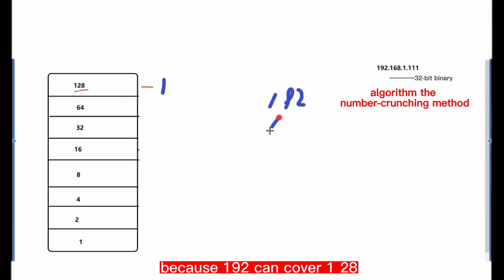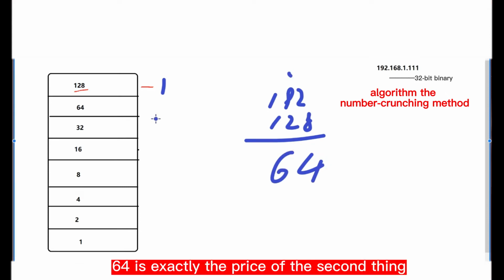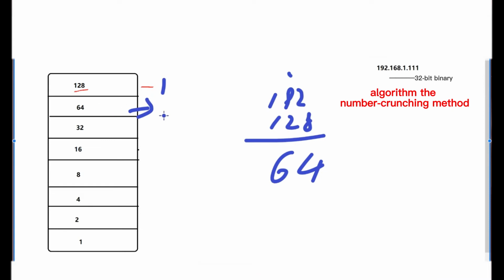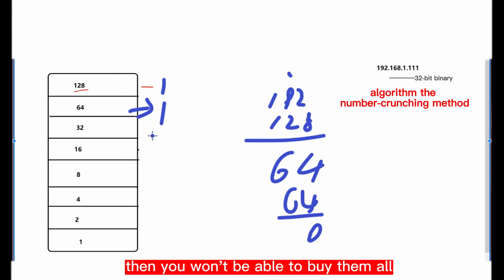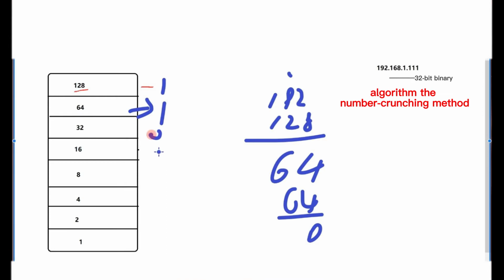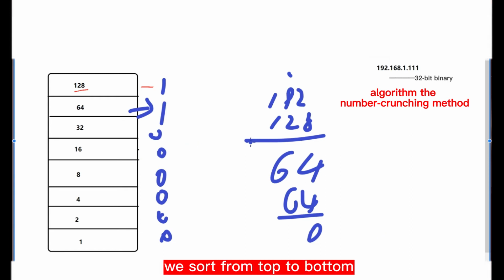After 128, the remainder equals 64, which is exactly the price of the second thing. That's the equivalent of being able to afford this, so the value is 1. After buying 64, the following are 0. It's like the 2 most expensive things you've bought, then you won't be able to buy the rest, so they all take the value of 0. After we calculate such values, we sort them from top to bottom.